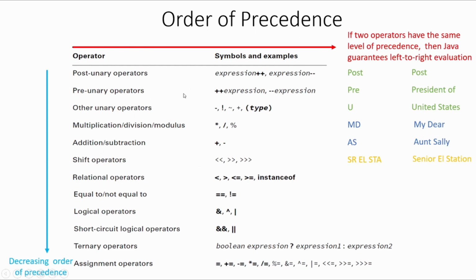To memorize this table, you need to remember "President of United States" for post, pre, and unary, and for your basic math class, "My Dear Aunt Sally" for multiplication, division, addition, and subtraction. Remember that parentheses can change the order and have a higher precedence than post unary operators. For the rest, you can remember "Senior L Station". So S and R is shift, relational, E and L is equal, logical, STA is short circuit, ternary, and assignment. You need only the bold ones to remember for your exam.